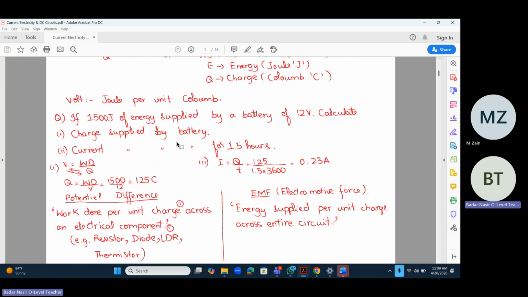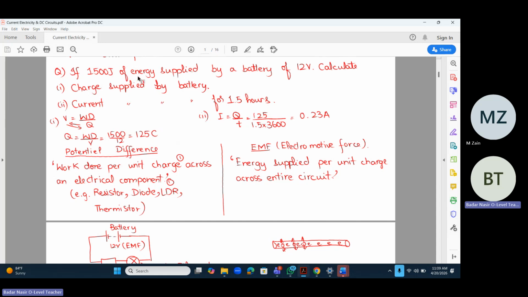Then we have, if 1500 joule of energy is supplied by a battery of 12 volt, calculate the charge supplied by the battery. So we'll use the formula of voltage is equal to work done over charge. We have to find out the value of charge, so make Q the subject.